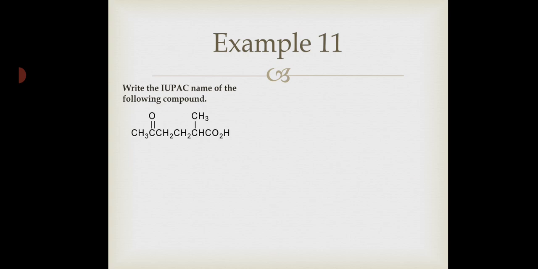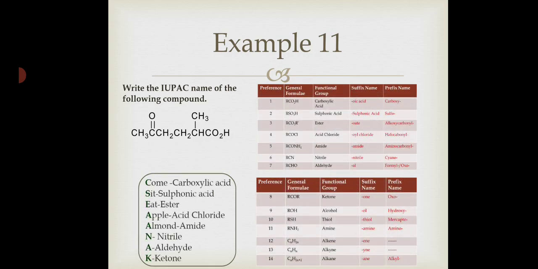Remember the priority table and trick. So carboxylic acid gets preference over ketone, and so the numbering goes like this, and the name of the compound is 2-methyl-5-oxohexanoic acid, obeying the alphabetical order in naming the prefix names.